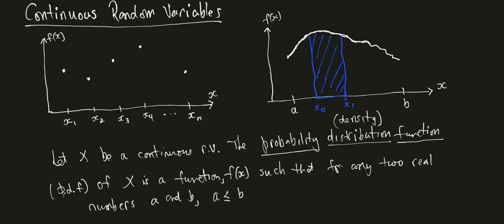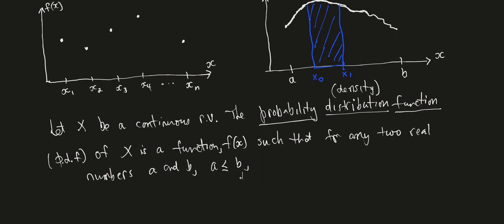So for any pair of real numbers a and b where a is less than or equal to b, this is how we define the probability. So now the probability that our random variable is in this interval, between a and b, well, we're now going to define it as the integral from a to b of f of x dx, right?